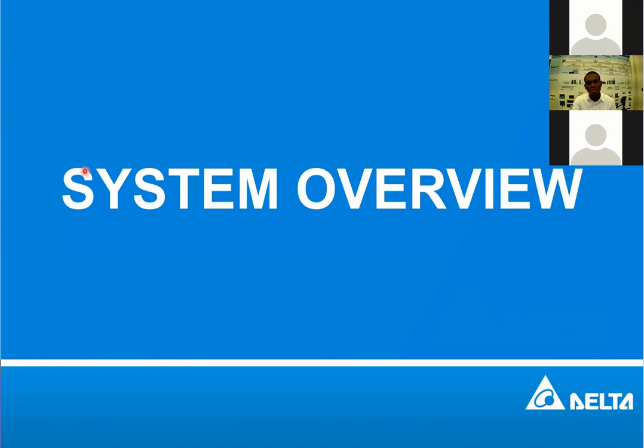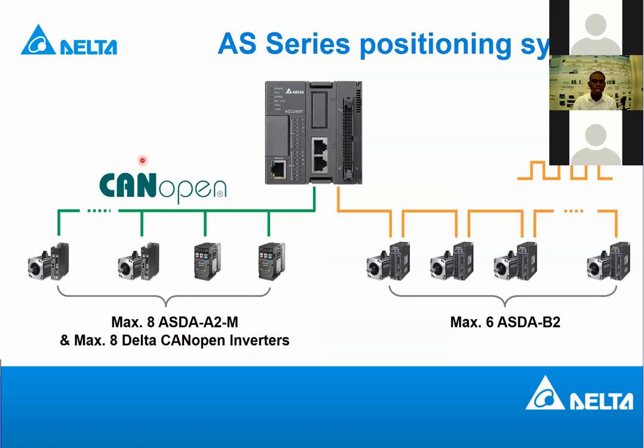So let's look at the system configuration. Like I told you, the AS PLC is a perfect choice for machine automation. When it comes to the AS PLC, you can realize your motion needs using pulse train. I suppose you can see my pointer. I'm using a USB pointer. Hopefully it goes through the Zoom platform.